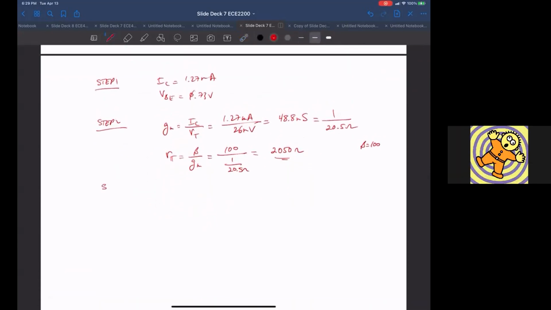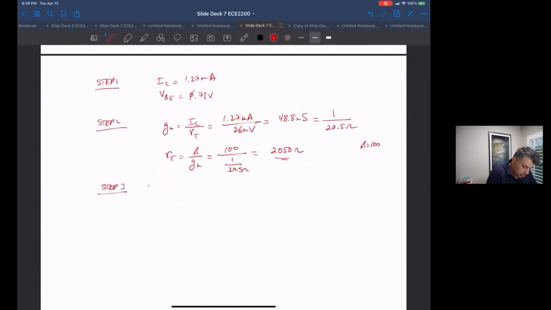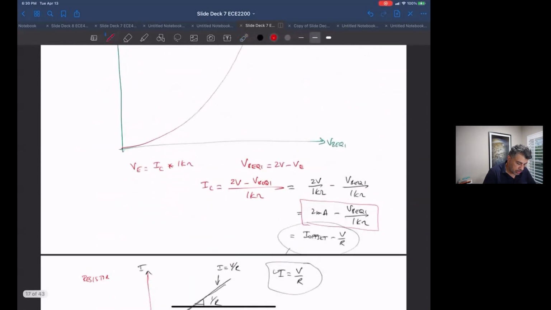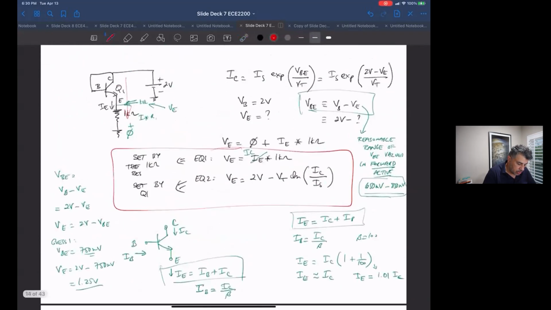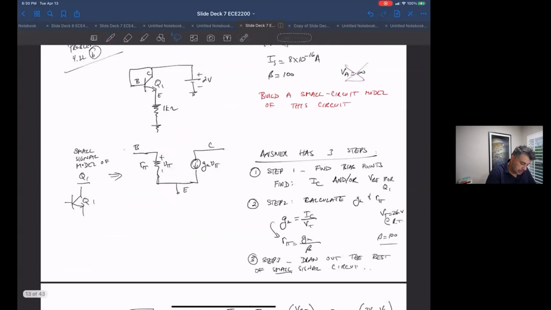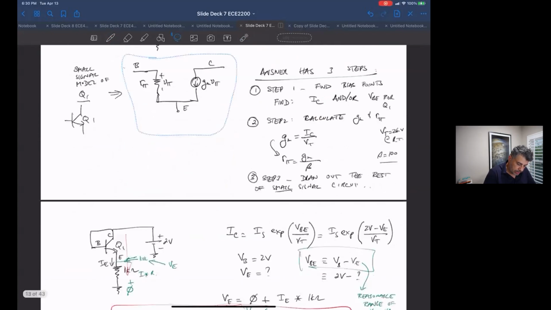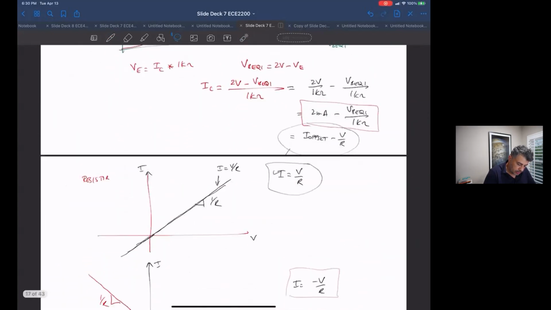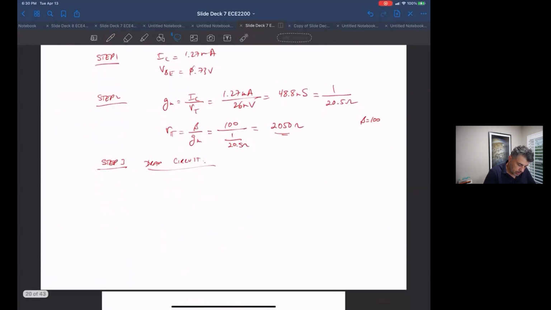Step three was to draw the circuit. Okay, so let's draw the circuit. I said the small signal looks like this. Except R sub pi, we have a value for it, 2050 ohms.